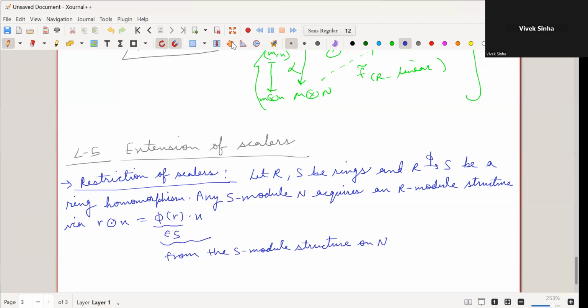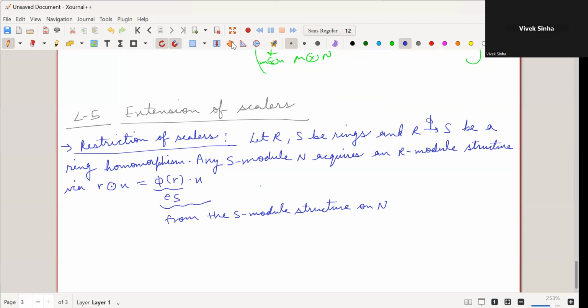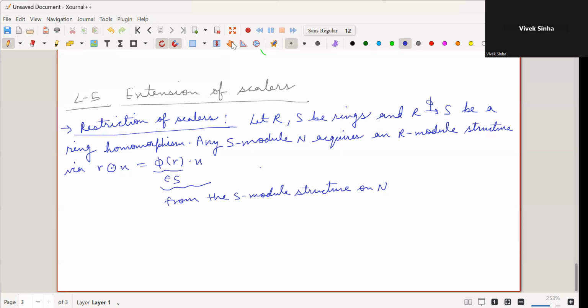Okay. So that is the restriction of scalars. Why is it called the restriction of scalars? Because if R is a subset of S, then you can simply take phi to be the inclusion map, right?